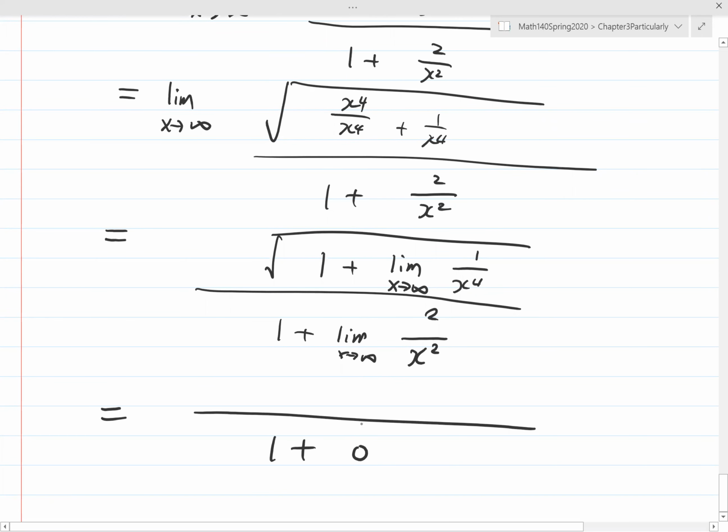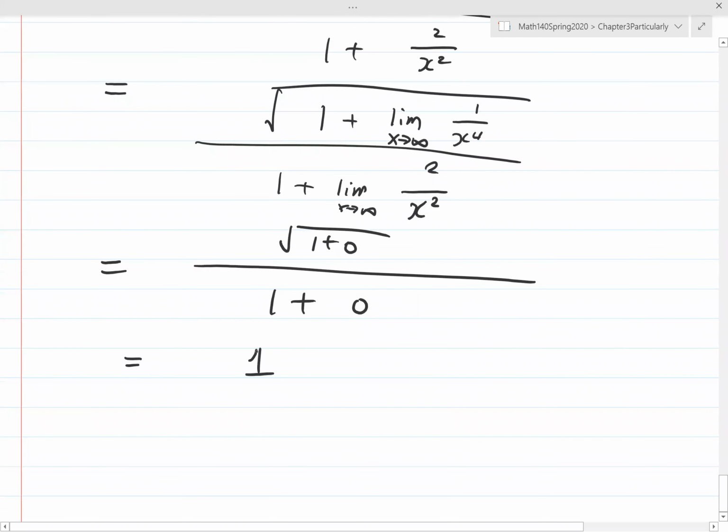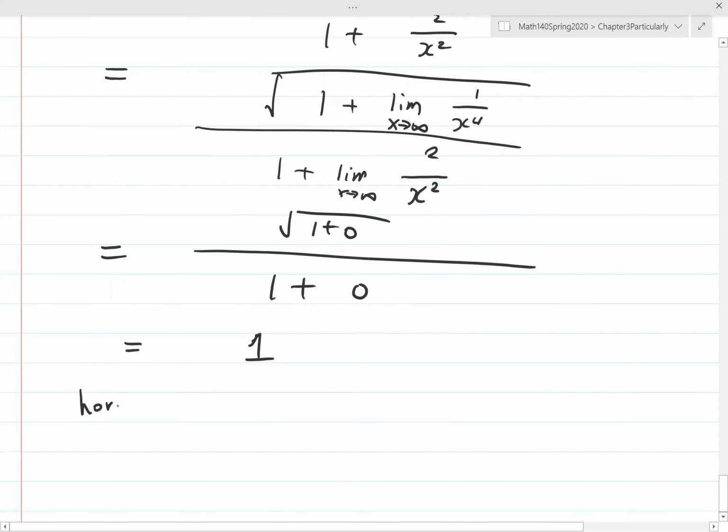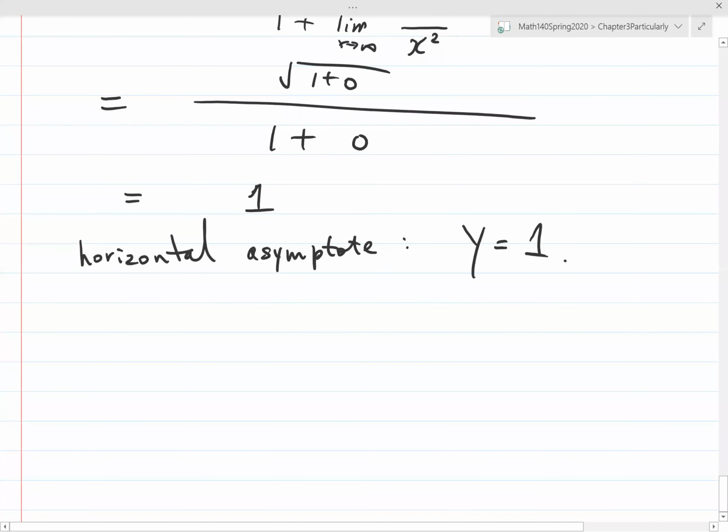So it is the square root of 1 plus 0, over 1, which gives 1. So we have a horizontal asymptote, which is y equals the value. Y equals 1. So this is the limit at infinity.